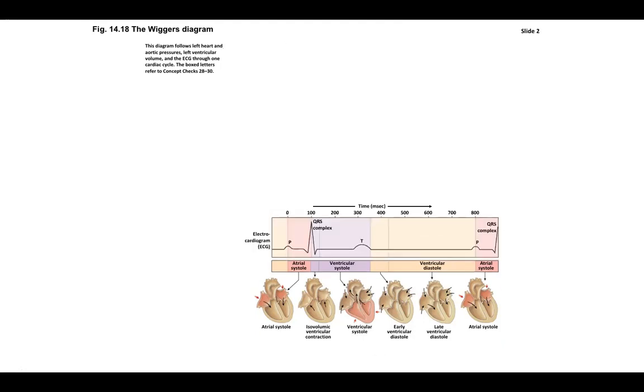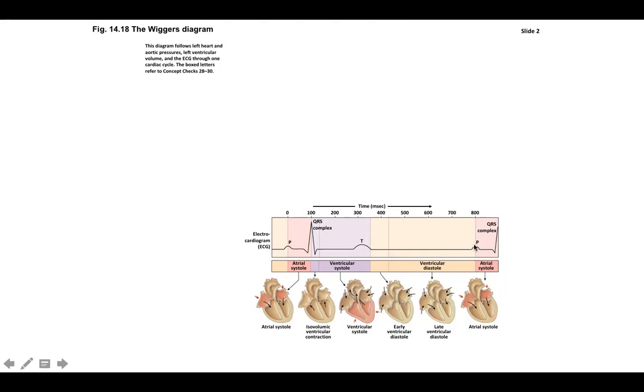So the first thing that I want you to notice here is the electrical activity from that ECG that we talked about: there's that atrial depolarization, ventricular depolarization, ventricular repolarization, and then you get the same thing.